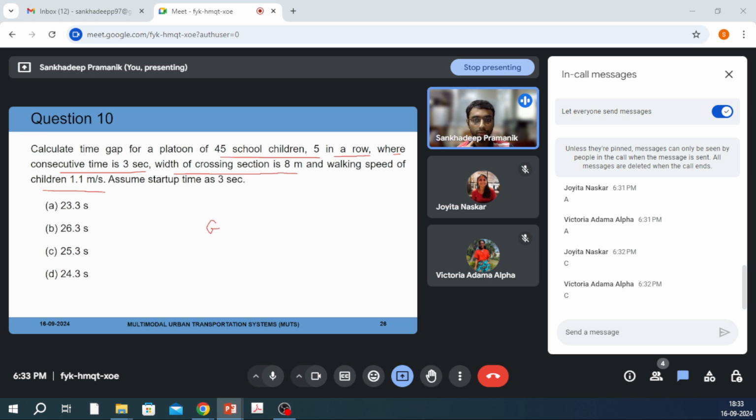You need to basically calculate the GS, minimum gap. This is the formula.